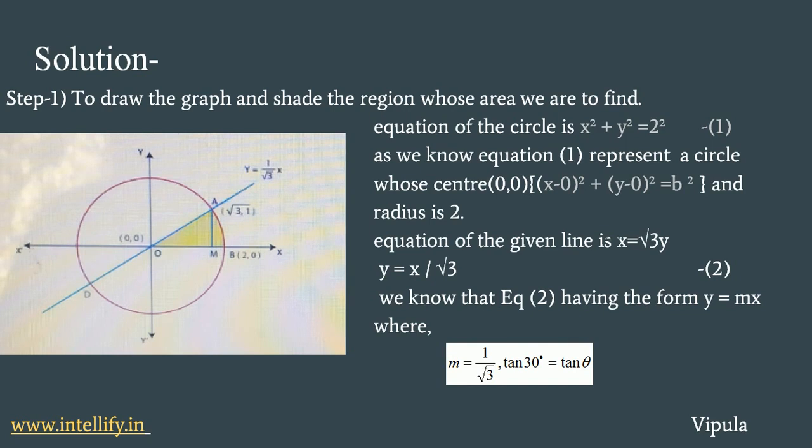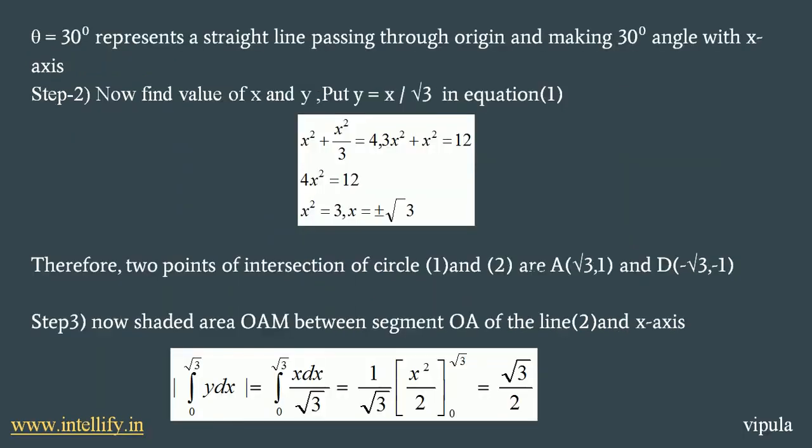So m equals 1 by root 3, and tan 30 degree is 1 by root 3. So theta will be 30 degree from the x-axis. Theta equals 30 degree represents a straight line passing through the origin and making a 30 degree angle with the x-axis.